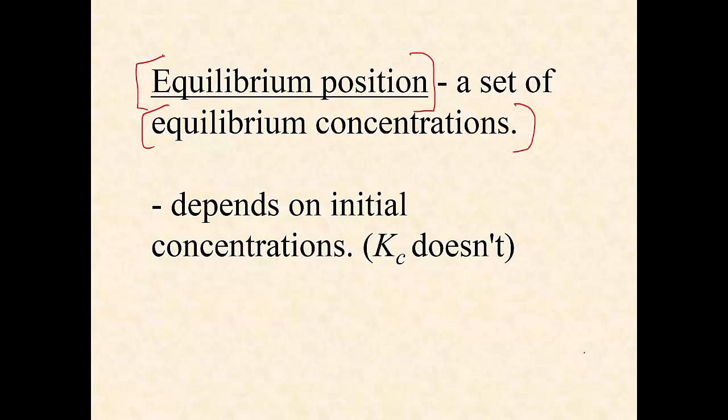That's going to be something called Q. And sometimes we will have to calculate Q and compare Q to K. But that's going to be the next day that we're going to do that. So right now, just know you can only calculate an equilibrium constant if you have equilibrium numbers.